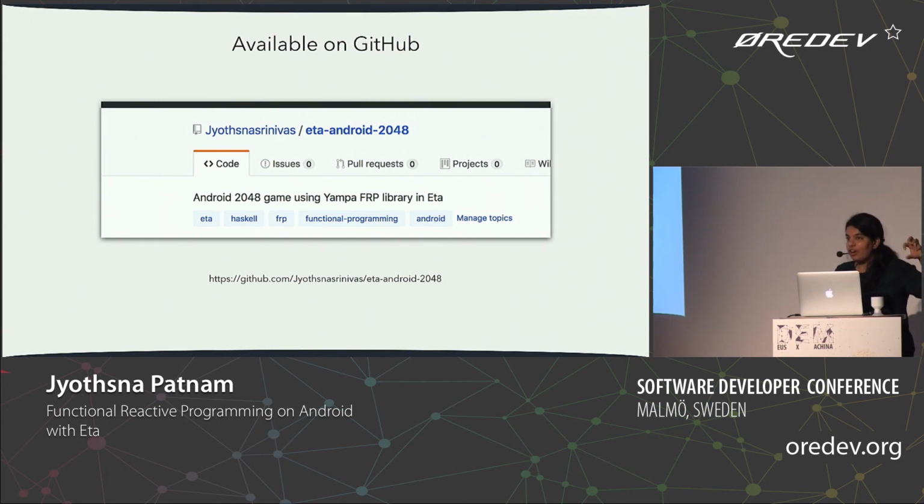You can use the gloss Haskell package and make a native GUI application, and with a little modification, use the JavaFX API, and with the same code you can make a JVM desktop application, and use the same game logic with an Android API. You can actually make an Android game.